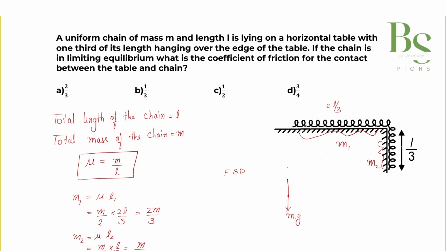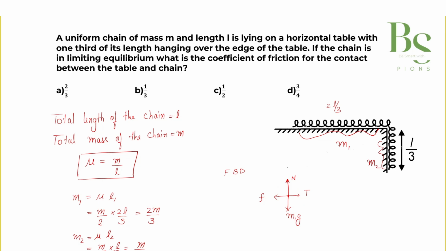Because of that, there is a normal reaction upward. On the right-hand side there is a tension T in the string, and the friction force F acts on the left-hand side. These are the forces acting on the part of the chain lying on the top.